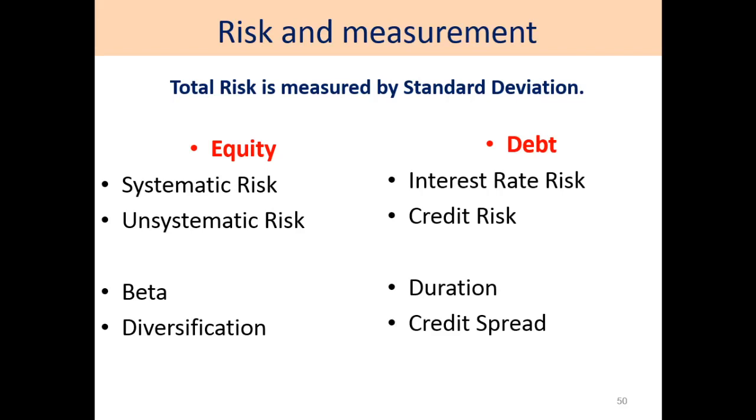Now let us concentrate on the equity part. Now what is systematic risk? Systematic risk is risk arising out of the market, arising out of the economy. See, if you are participating in an economy or in a market, you are exposed to the risk. You cannot do away with the risk if you want to invest in that economy or in that market.